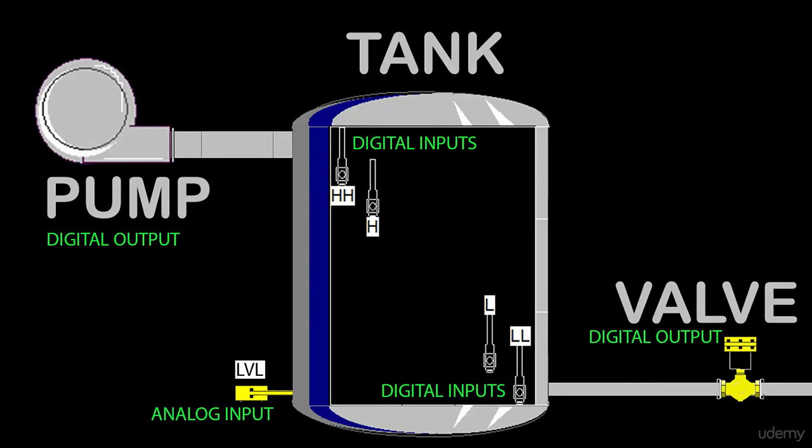We've got our tank. This tank's going to hold, I don't know, water or marbles or dead flies. It's going to hold something. Inside of the tank, we have 4 digital level switches. We have one for low low, one for low, one for high, and one for high high.